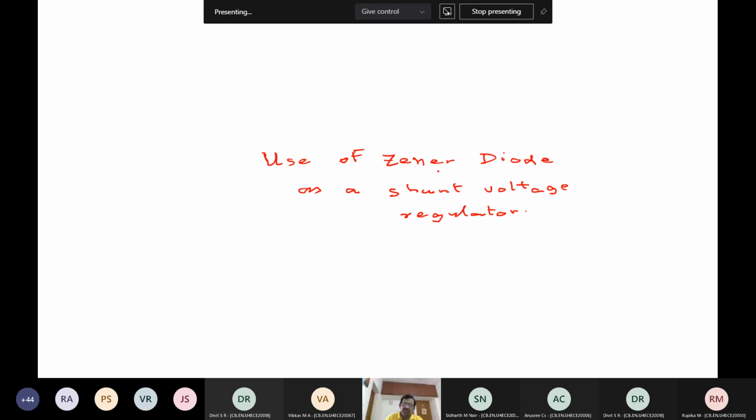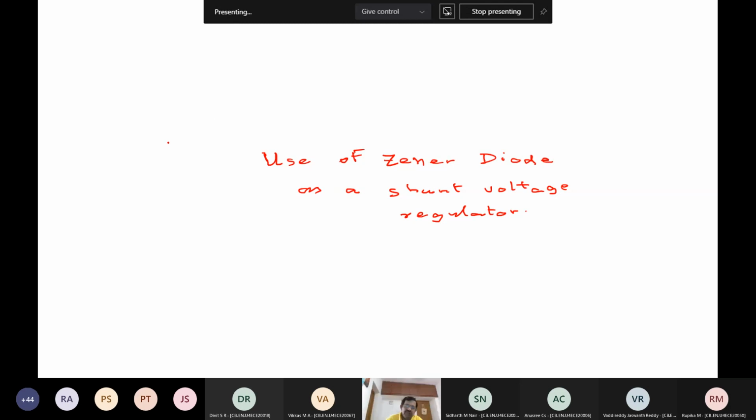We have talked about the Zener diode, and the beauty of the Zener diode lies in the fact that for a large change in current under reverse bias operation in the breakdown region, the voltage change across the Zener diode is extremely small. So with that idea, the shunt voltage regulator is constructed, because a voltage regulator is expected to supply constant voltage.